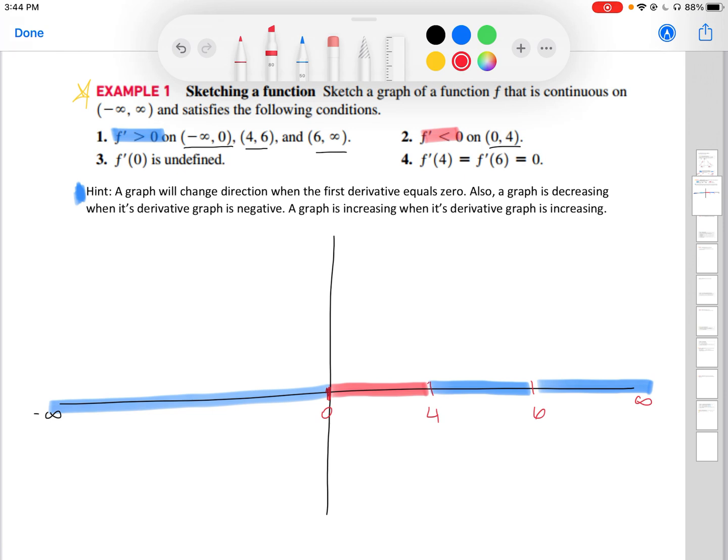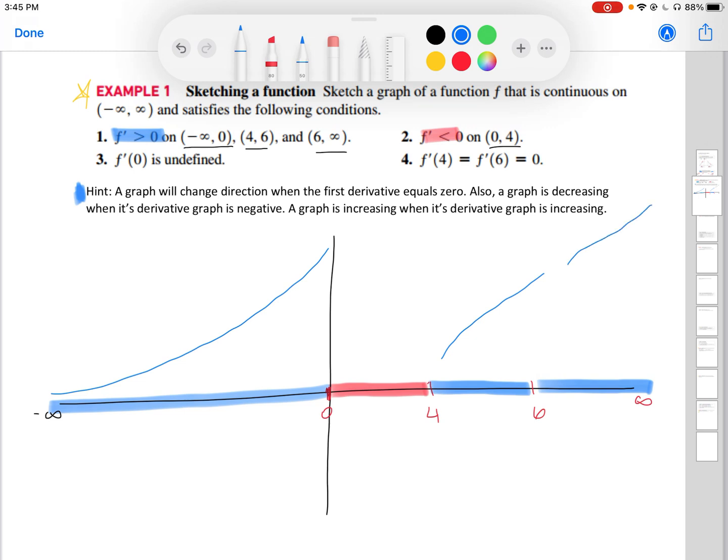All right, so we don't know much about what's going on, but we know what's happening based on our derivative. And we know that our graph is increasing, so going up, on those values where I have those blue labelings. So something is happening where it's going up and up.